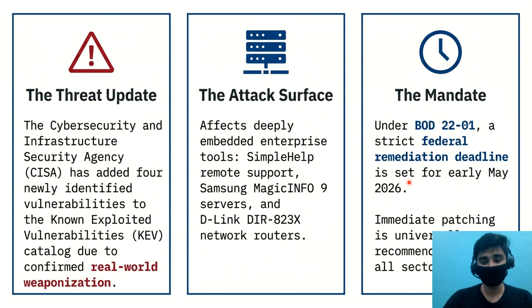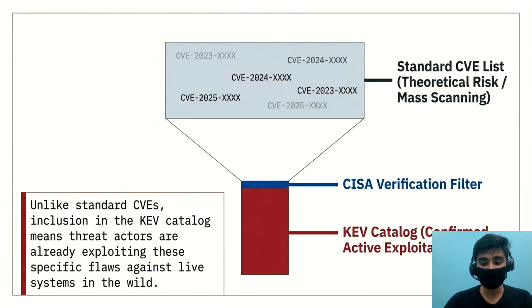The mandate is under BOD 22-01, a strict federal remediation deadline is set for early May 2026. Remediating patches are very crucial and necessary to defend against any kind of threat actors.